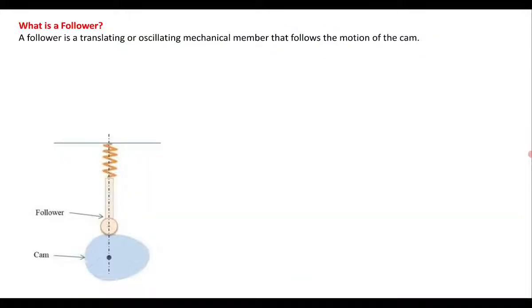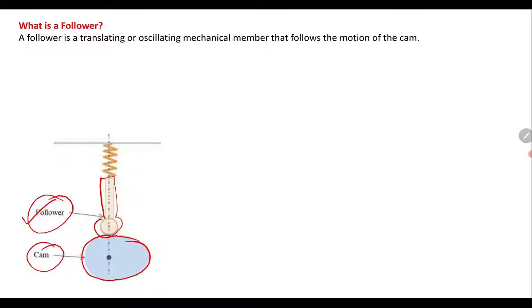Let us see what is the meaning of follower. Here in this picture, this is the follower, and below that you will see the cam. This cam shape is not particularly circular. It has an oval shape. A follower is a translating or oscillating mechanical member that follows the motion of the cam.